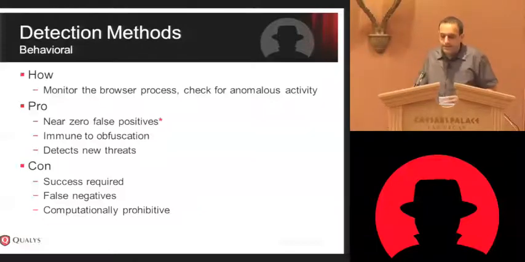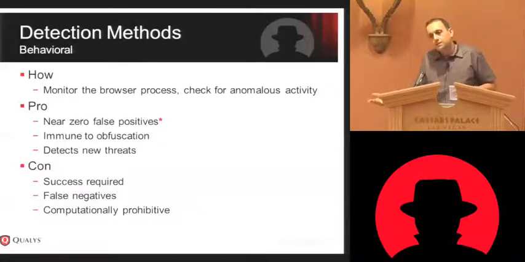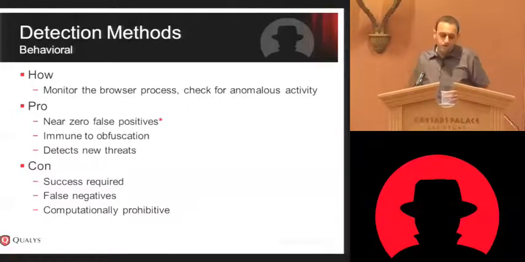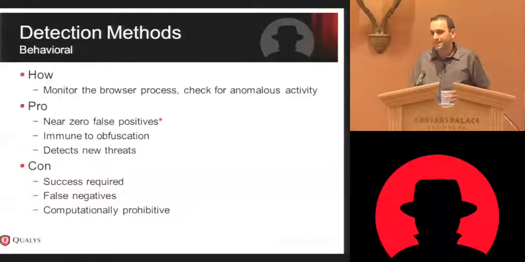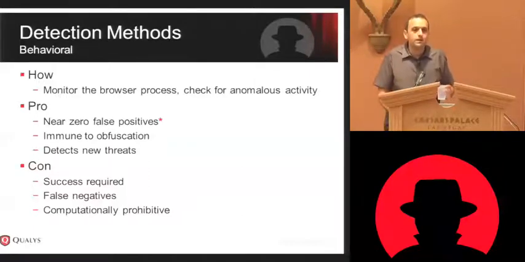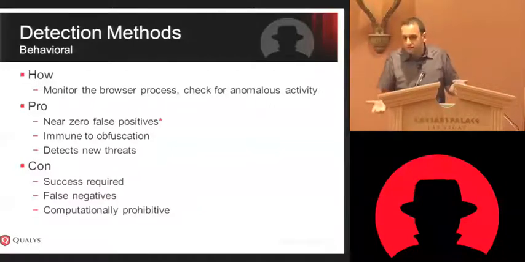The biggest one is I cannot detect an attempt at an exploit with this method. Either you succeed or you don't. If you don't succeed, I'm not going to get a behavioral detection. So, ergo, there are some false negatives. Exploit scripts are notoriously bad in terms of coding quality. They work most of the time, but sometimes they don't.